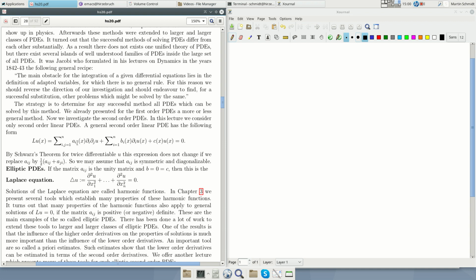Before that, let us explain what this means. First of all, for any solution we assume that the solution is twice differentiable, then we know that by Schwarz's lemma, the second sum over the second derivatives doesn't change if we replace the matrix A by the symmetric form of A. So we symmetrize A. This form here is of course the symmetrized version of A, and this does not change, since by Schwarz's theorem, if we reverse the indices or interchange the indices, we get the same expression since second derivatives commute.